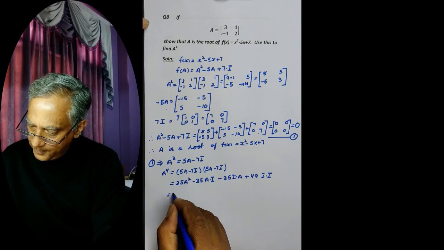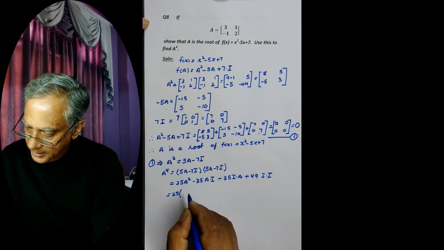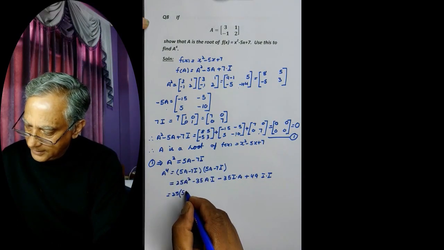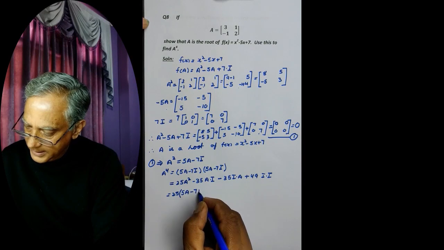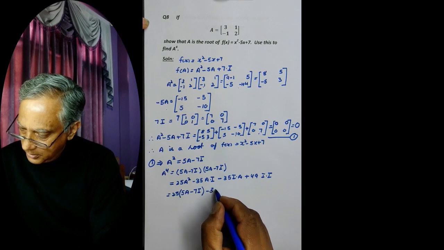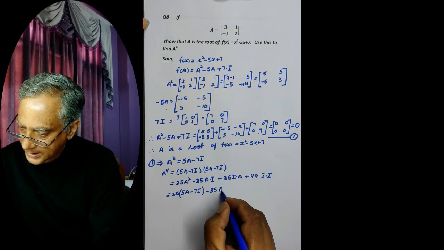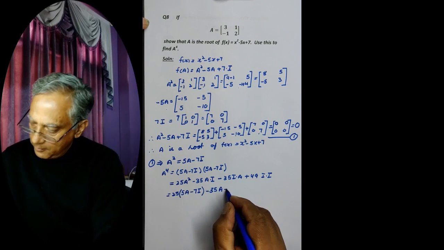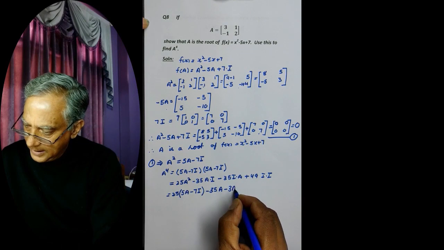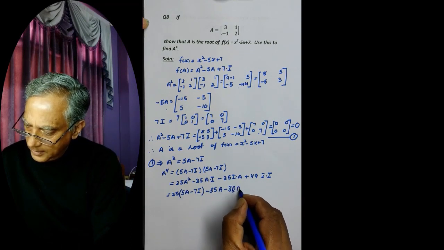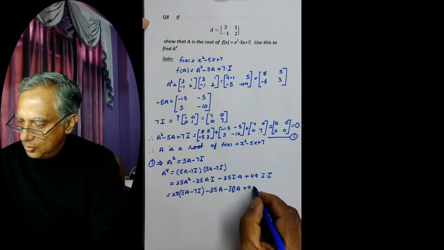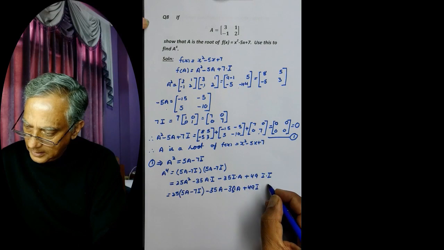This is equal to 25 into A square. How much is A square? A square is 5A minus 7I. Minus, this will be 35A into I is A. Minus I into A is again A. 35A plus I into I is I. 49I.